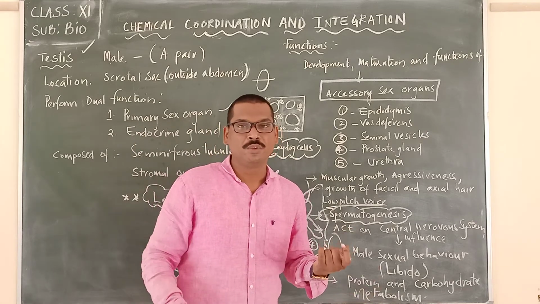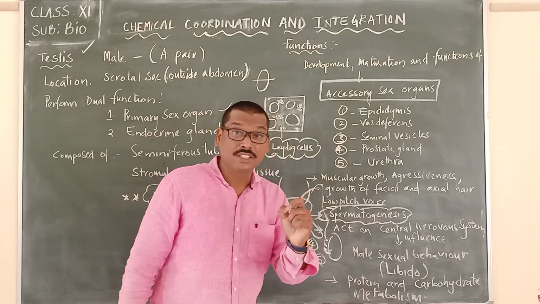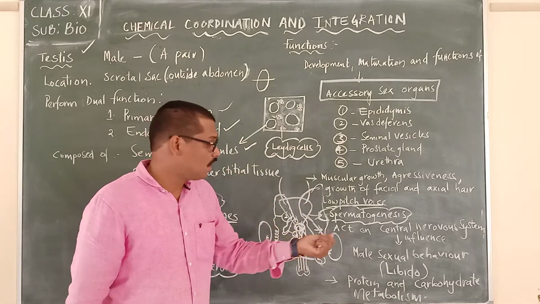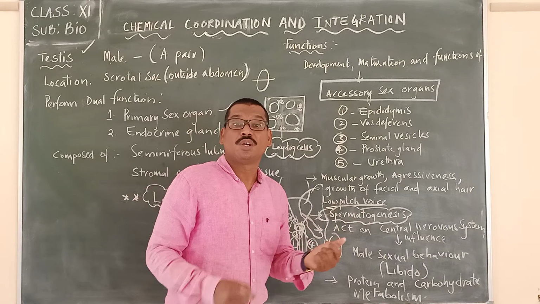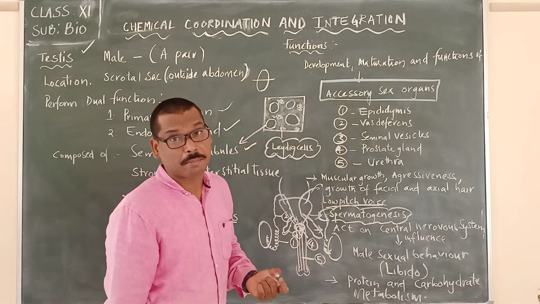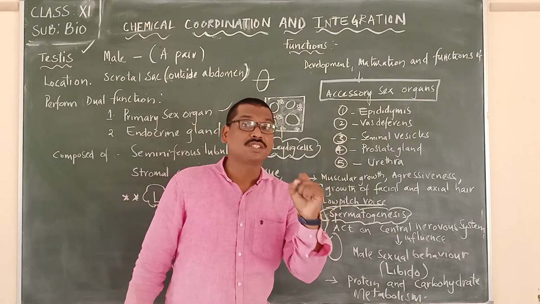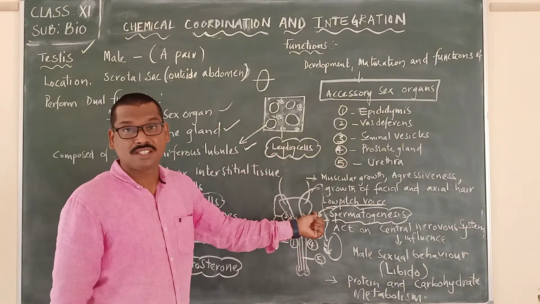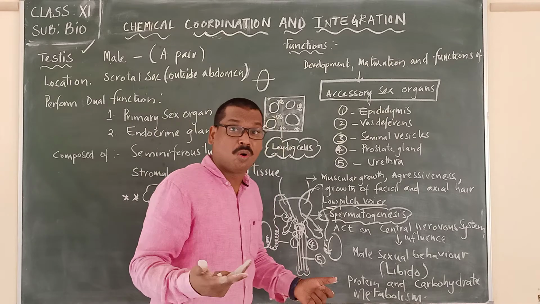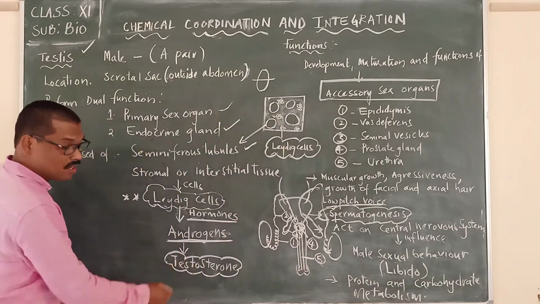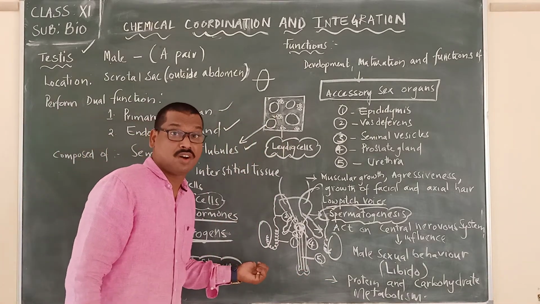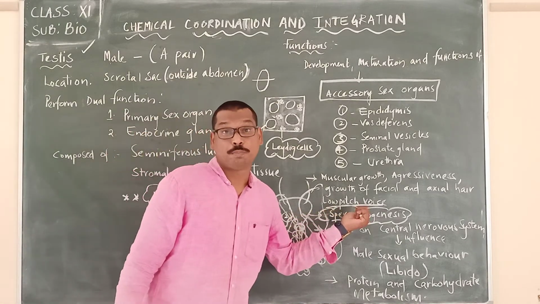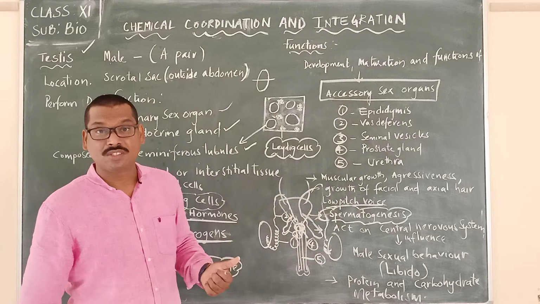If somebody asks you what is spermatogenesis, the process of formation of spermatozoa, or sperms, is called spermatogenesis. Sperms are formed more in males. It is because of which hormone? Testosterone. So testosterone helps in spermatogenesis.